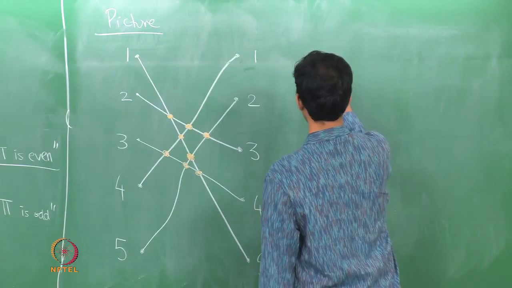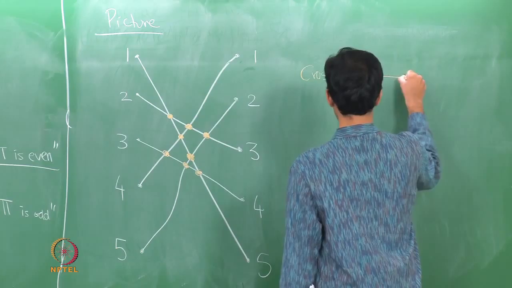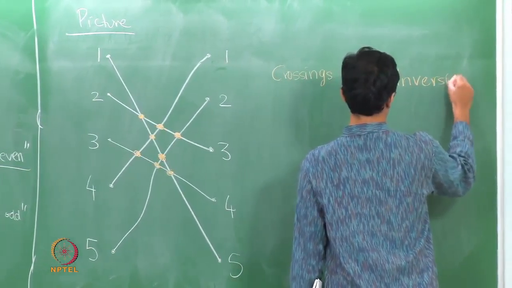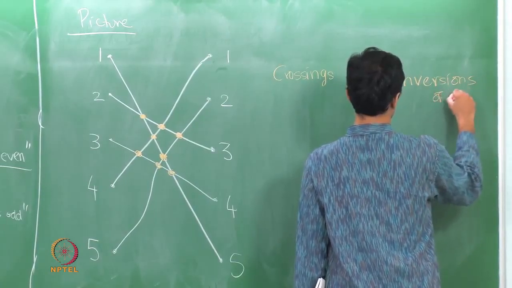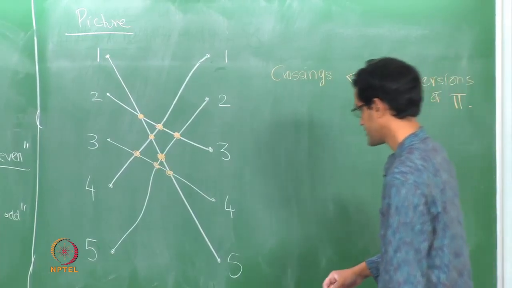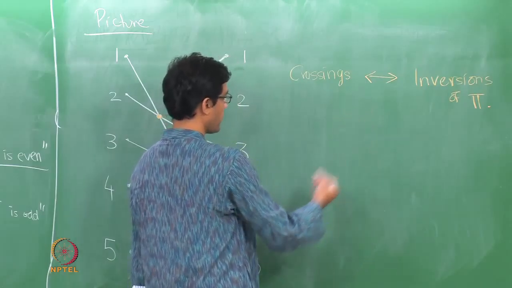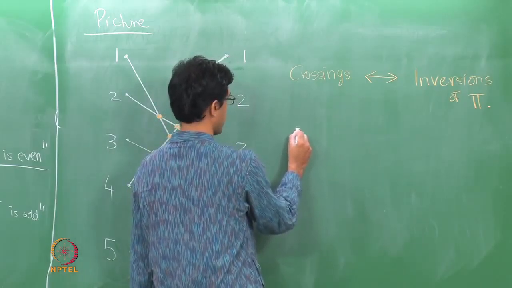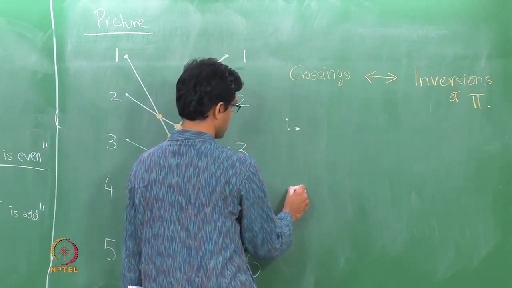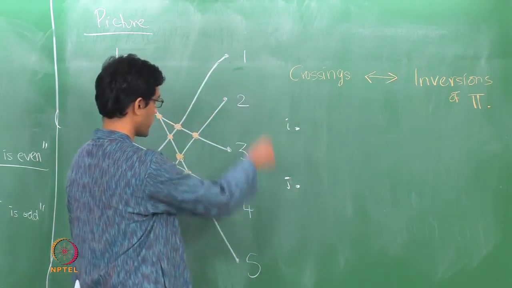So observe that crossings or intersections in this diagram really correspond to inversions of pi. And why is that? It is a very simple observation. What does an inversion of pi mean? It means that you have two numbers i and j, with i smaller than j. Let us say i is this and j is something larger than i.